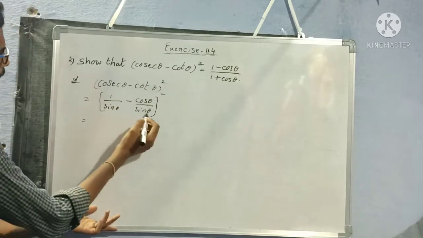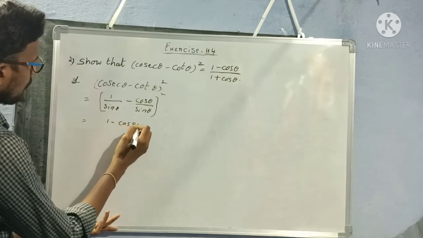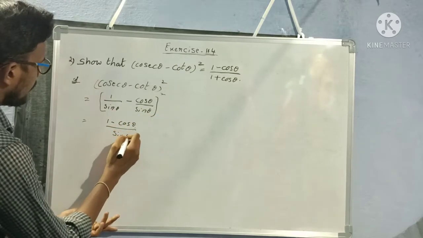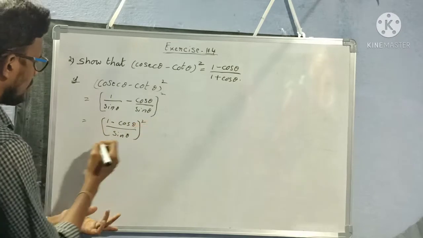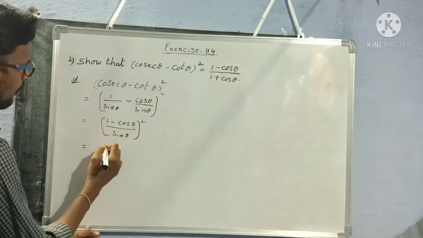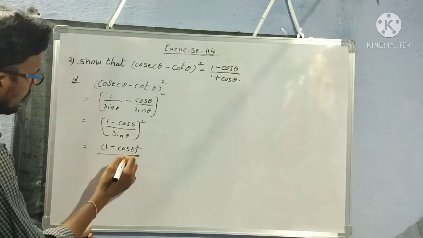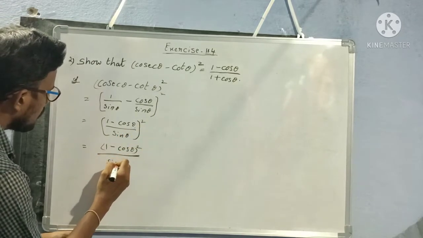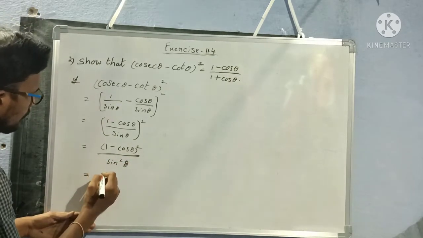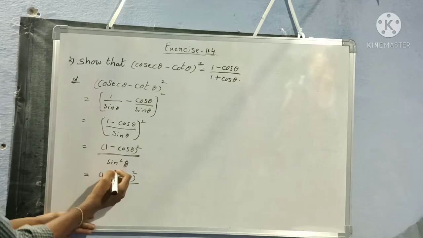Okay. Now we have the same common denominator here, so we subtract the numerators. So (1 − cos theta) by sin theta, whole square. That is equal to, now taking the square for both numerator and denominator separately, (1 − cos theta) whole square by sin square theta.